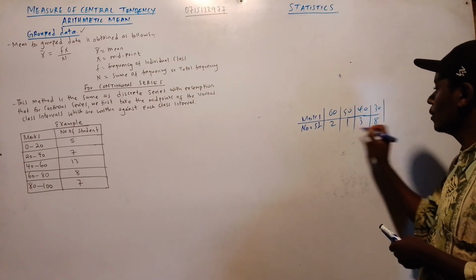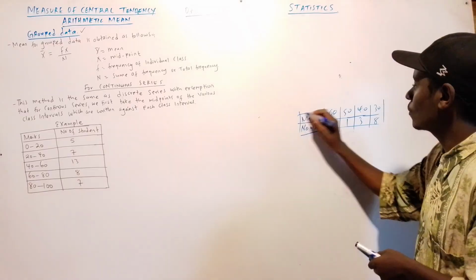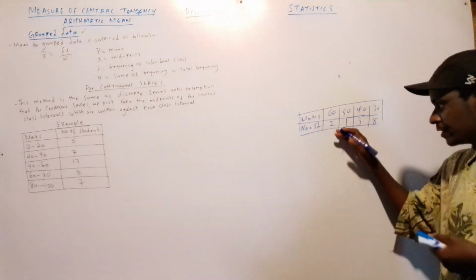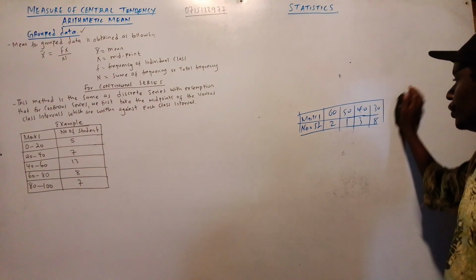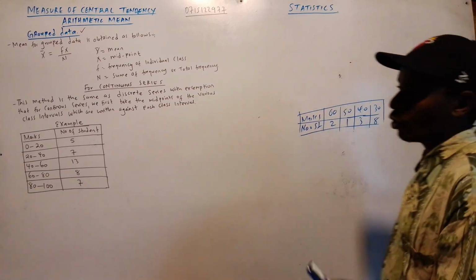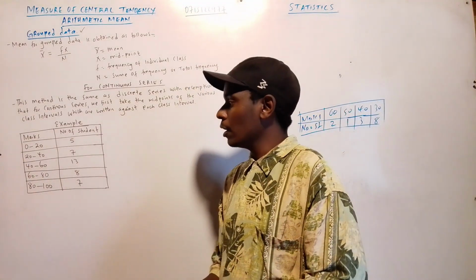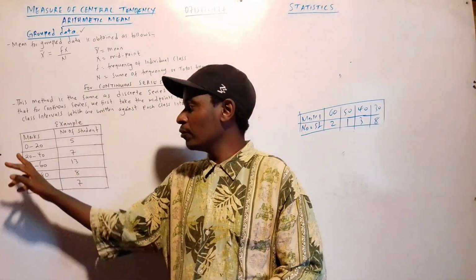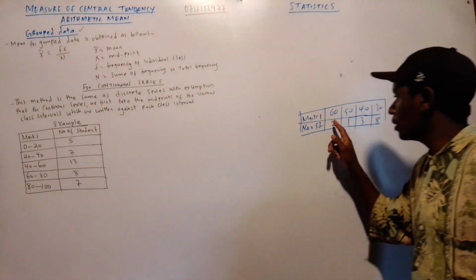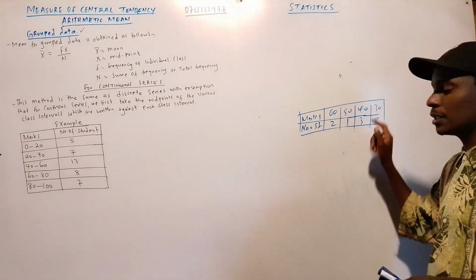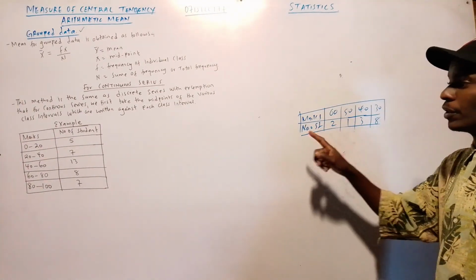This is an example of discrete data. Now, for continuous data, good examples are when you have 0 to 20, 20 to 40, 40 to 60. You can compare this one and that one: this one is discrete data, that one is continuous.